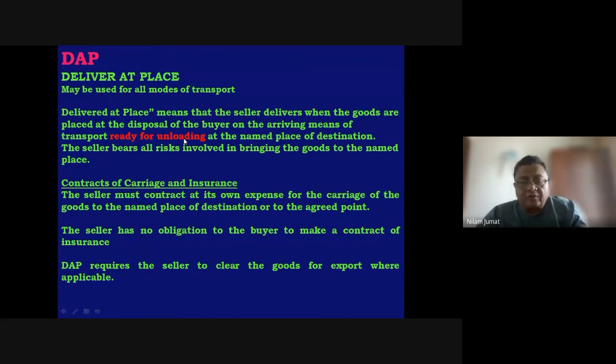So when he takes it to that particular point, he does not unload from the truck. While unloading, when anything happens, that is the responsibility of the importer. He just keeps it, and the responsibility of unloading is for the importer. Ready for unloading. Understand?